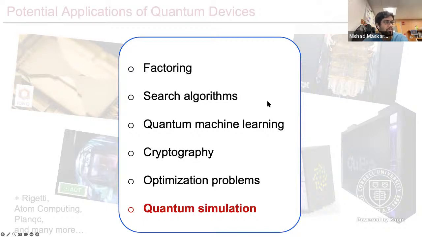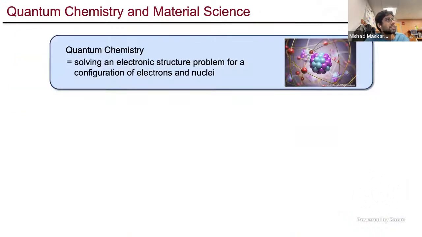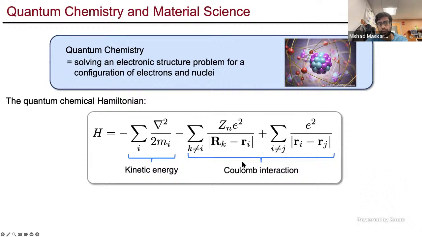And these are all very interesting, but the focus of today's talk is actually going to be on the application of quantum devices to quantum simulation. In particular, we're going to aim to study how quantum devices can be used to help solve quantum chemistry and, in particular, electronic structure problems.